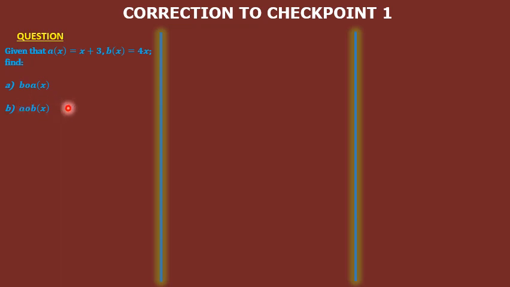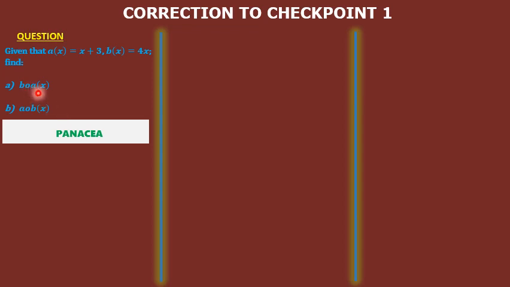So let's look at the solution together. As for the first question, we have b of a of x. Don't forget that in algebraic form like this, when you want to interpret it, this simply means that the output of a of x will be set as the input for function B. That's why we have another way of writing this if we don't want to use this O notation.